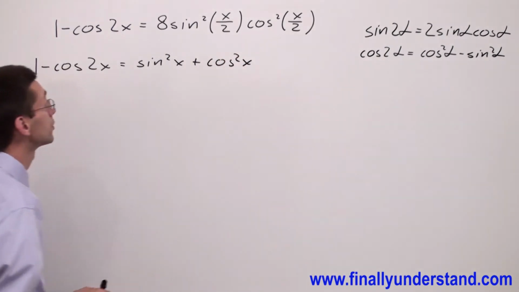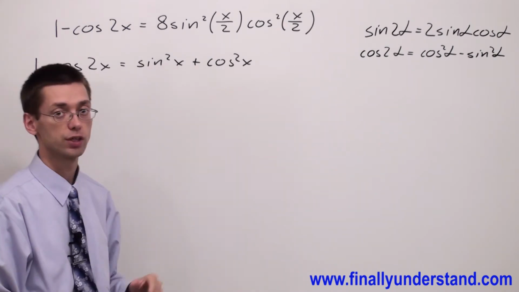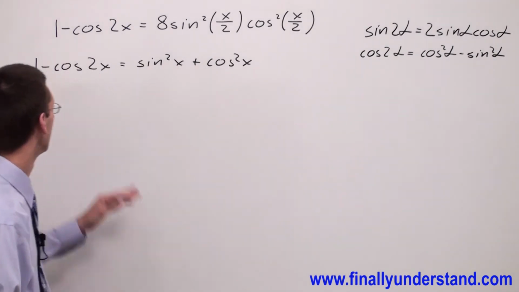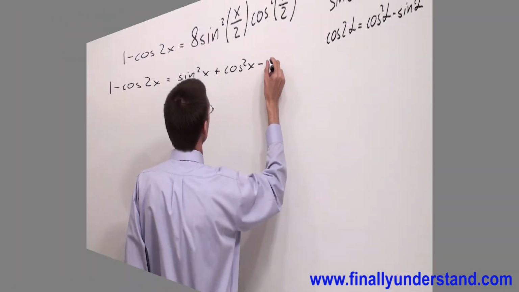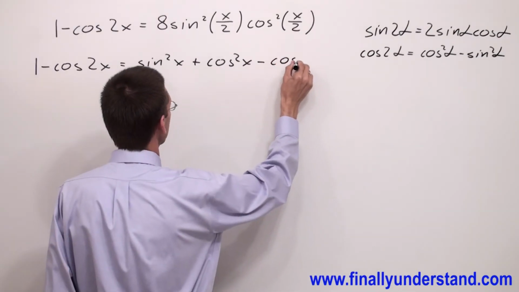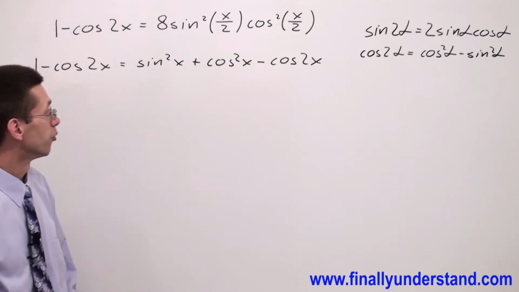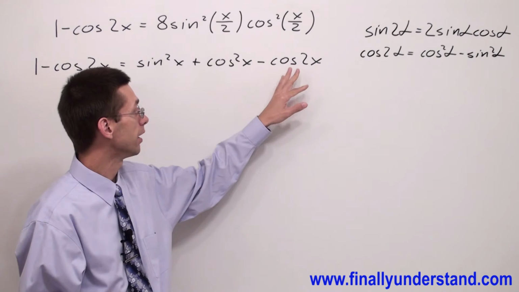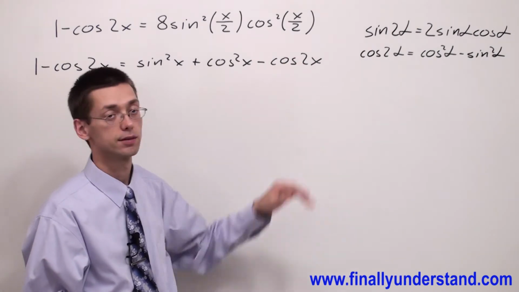This is nothing else, just the Pythagorean relation. Sine square x plus cosine square x is equal 1 minus cosine of 2x.